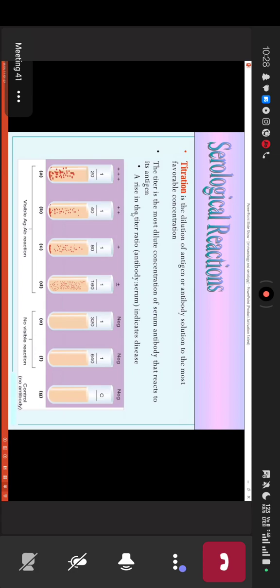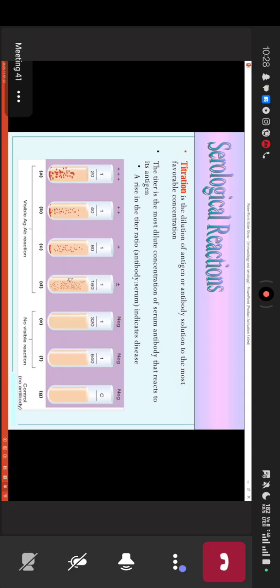Like this you transfer your serum into the next tubes. So your antigen antibody solution will be diluted. This dilution of antigen or antibody solution in the favorable conditions is known as titration, right?